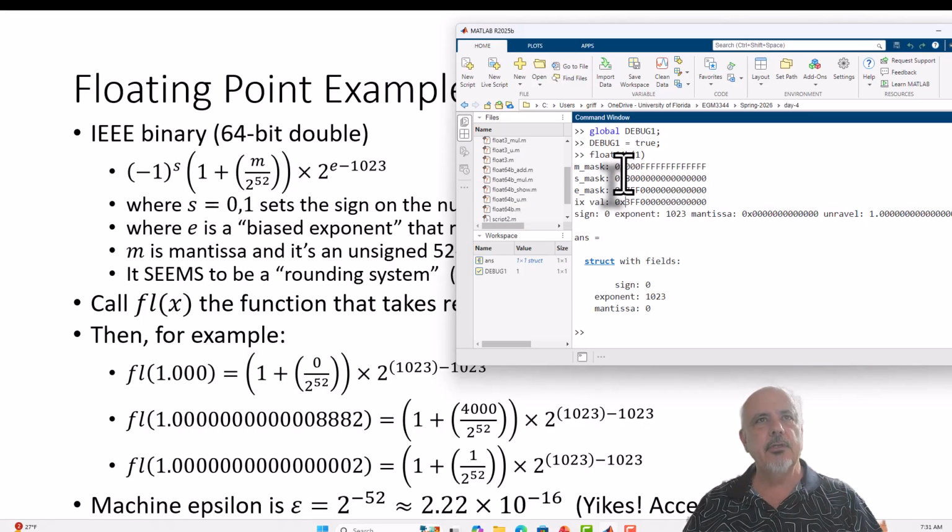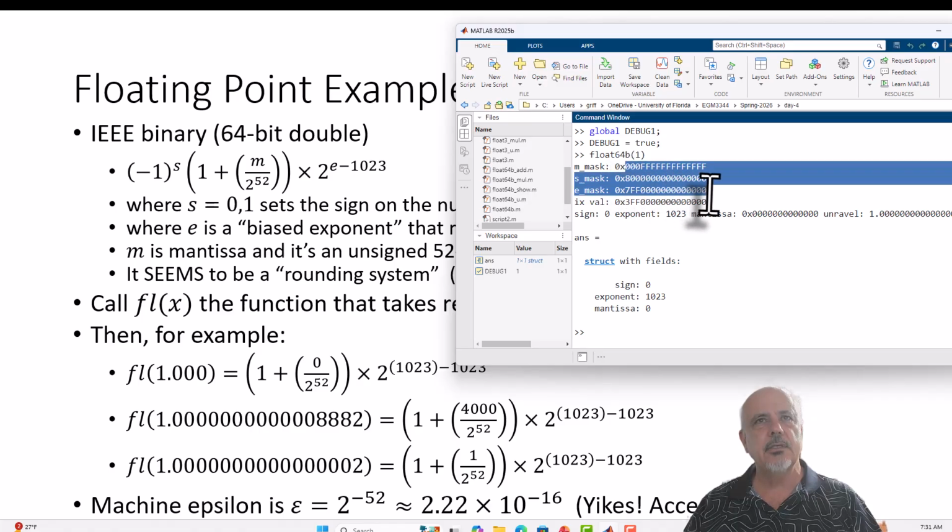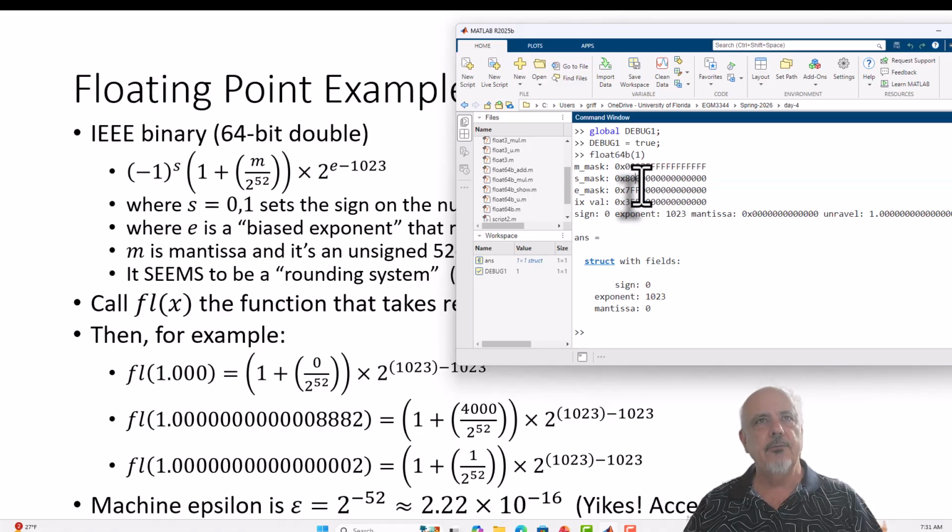So this is showing you the masks. If you look at the code, it will use those masks on the actual 64-bit representation of your decimal number or your double floating point number.